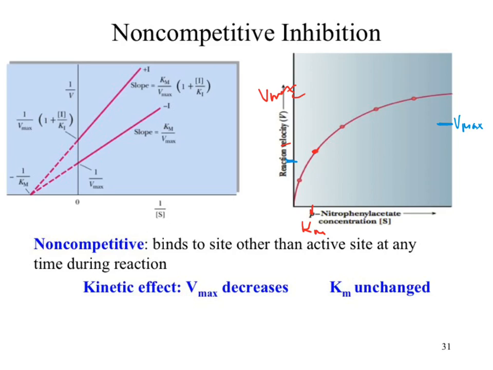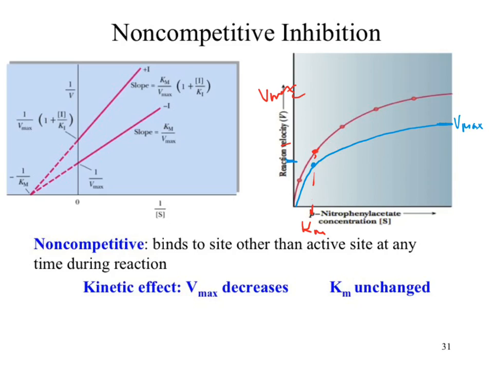And we're saying Km remains unchanged. So we determined Km by going 1/2 of our Vmax before. That means our new data point needs to be here, because the Km value did not change. I drew that kind of ugly, but you get the idea.